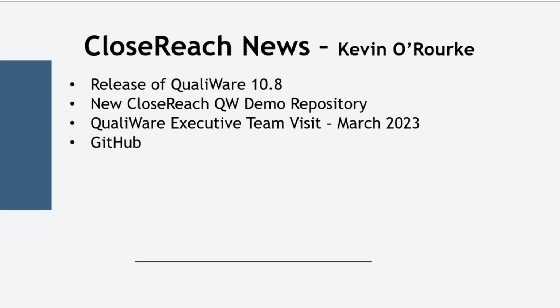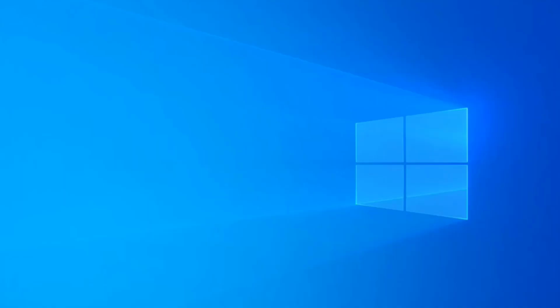QualiWare's Jacob and Kuno are going to be coming to Canada. We initially had thought it might be early February, but now it's looking like it might be the first week of March or thereabouts. We still don't have definitive dates, but this morning we were talking about the week of March 6th.